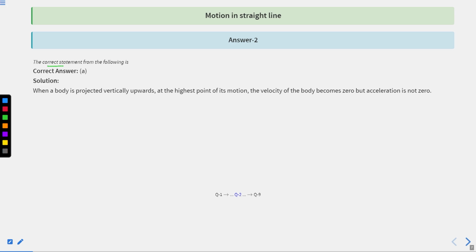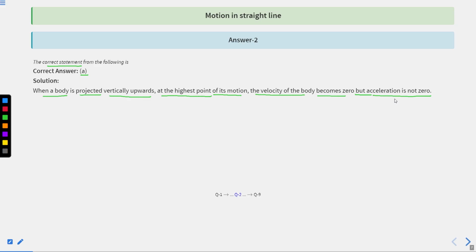The correct statement is A. When a body is projected vertically upwards, at the highest point of its motion the velocity of the body becomes 0, but acceleration is not 0.